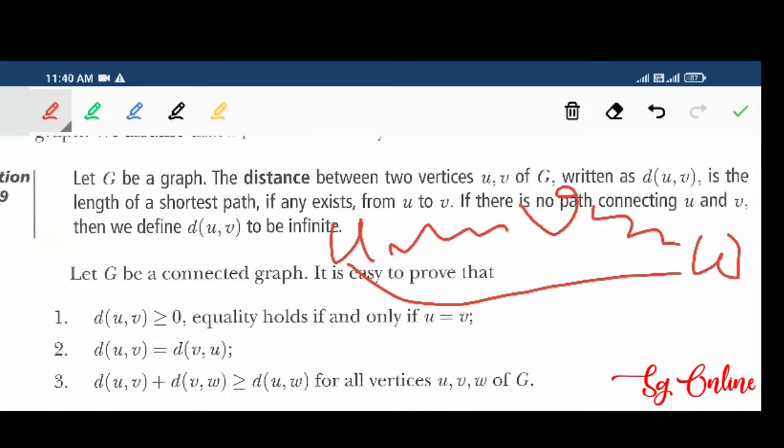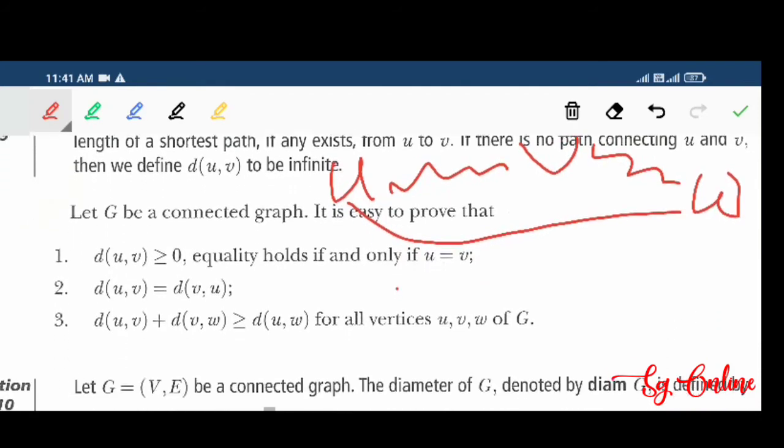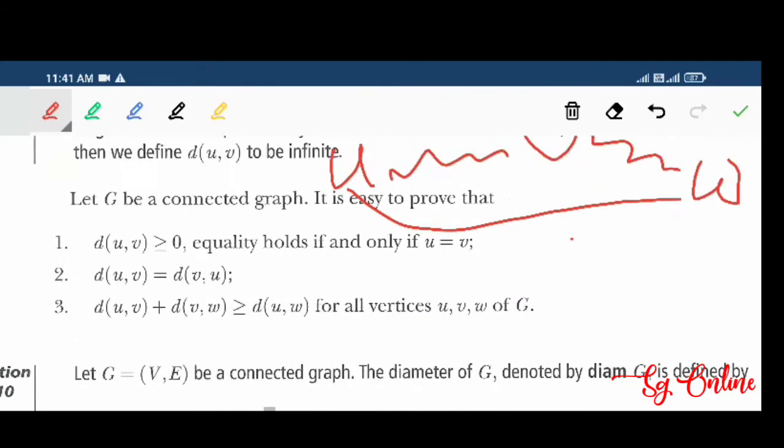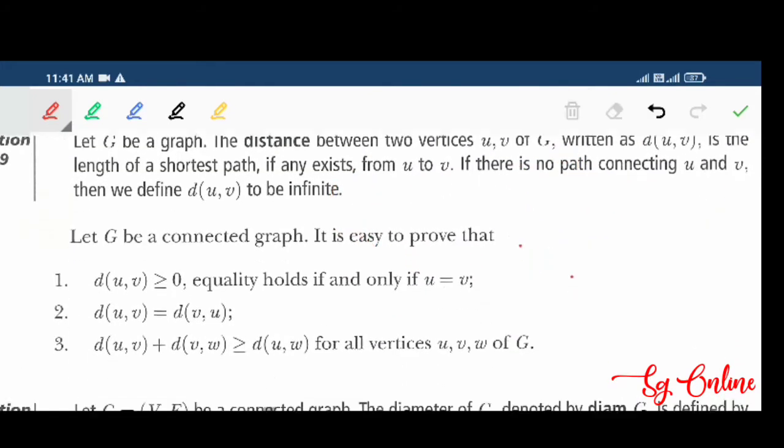Since this path goes from u to v and v to w, it is one of the paths from u to w, and since the distance is the length of the shortest path, it is greater than or equal to the length of the shortest path between u and w. It might also be the shortest path, that is why it is greater than or equal to. In this way you see that the distance function gives you a metric here.